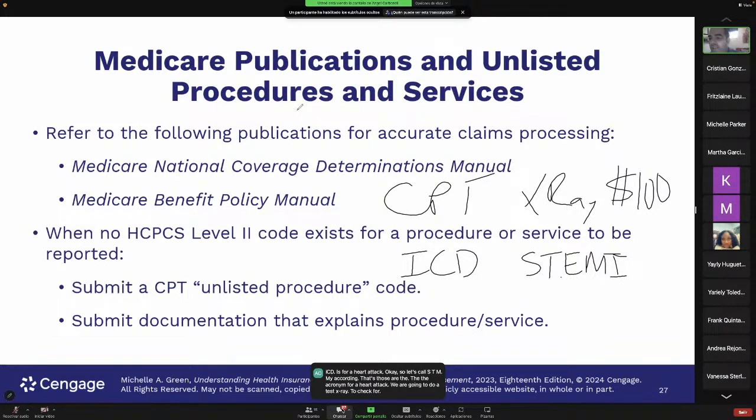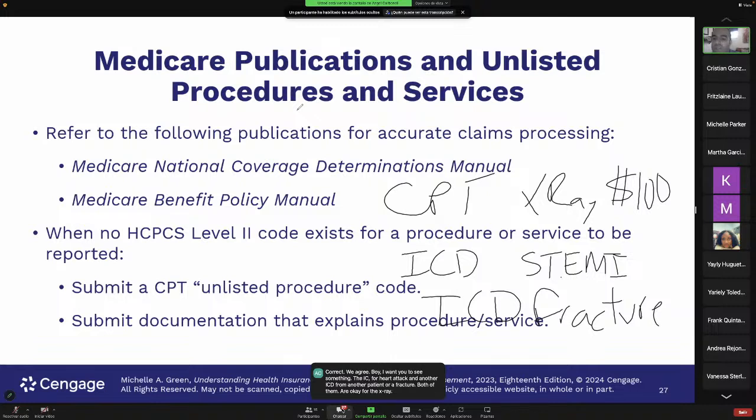This heart attack diagnosis makes the X-ray medically necessary. Correct, we agree. But I want you to see something. The ICD for a heart attack and another ICD from another patient for a fracture, both of them are okay for the X-ray.